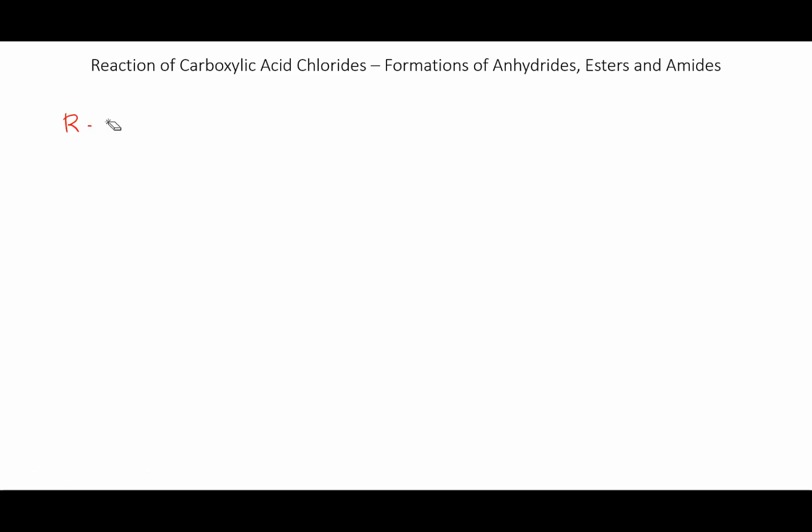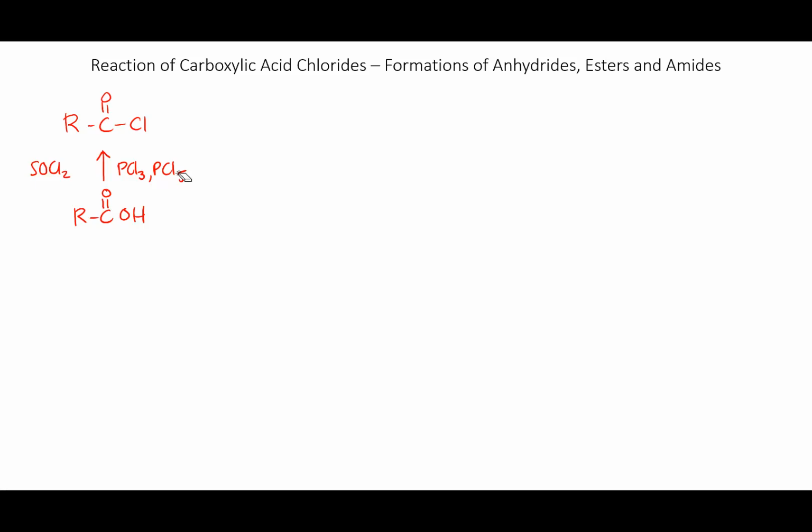So if we take my carboxylic acid chloride here, how did we make that? Remember, we made that by reacting a carboxylic acid with SOCl2 or PCl3 or PCl5. That's how we made that acid chloride.